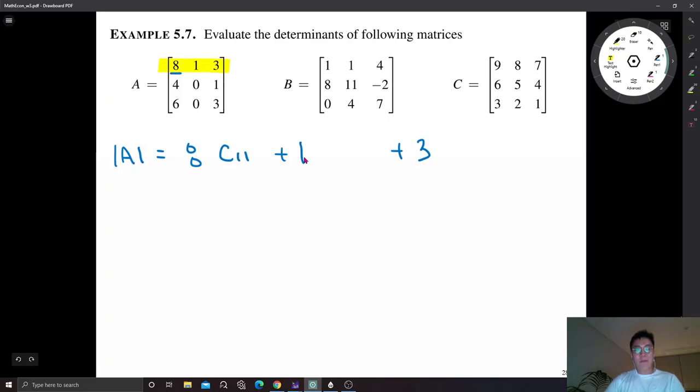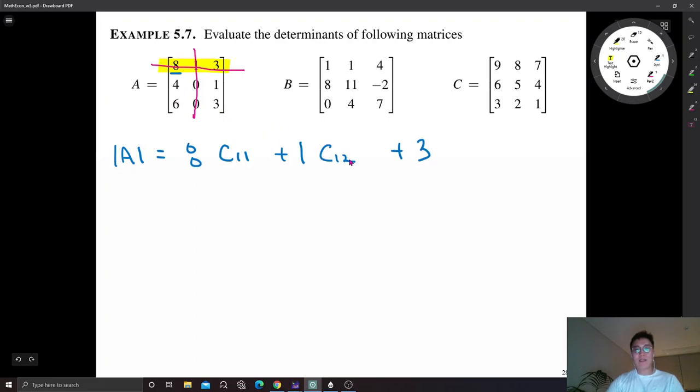And the cofactor associated with the number 1, the first row and second column entry of matrix A, is C sub 1, 2. Its associated cofactor is the signed determinant of this 2 by 2 matrix.